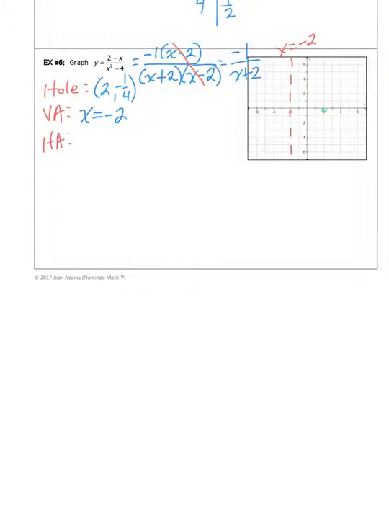To find that, I compare the degrees of my original numerator and denominator. My degree in the numerator is 1, and my degree in the denominator is 2. Because 1 is less than 2, I automatically have y equals 0 as my horizontal asymptote.